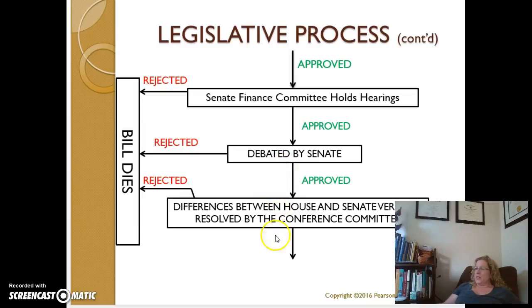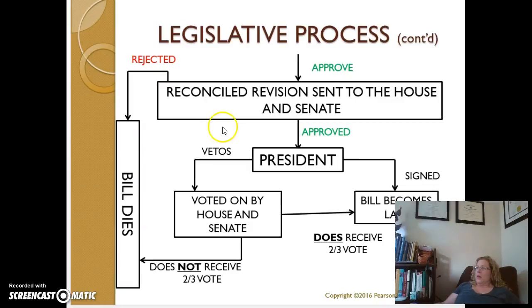And then if it's approved by the Senate, then differences between the House and the Senate's versions are resolved by the Conference Committee. At any point, if it's rejected, then the bill dies. If it's approved, then it is reconciled and the revision is sent to the House and the Senate.